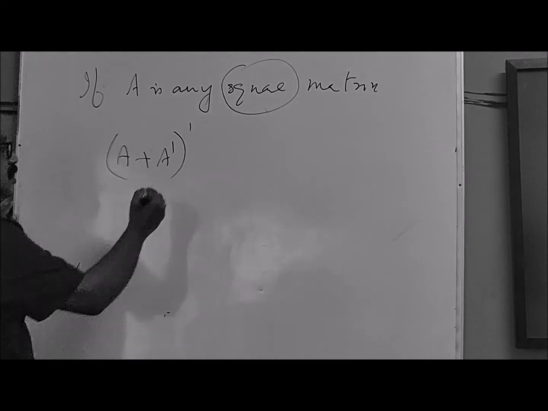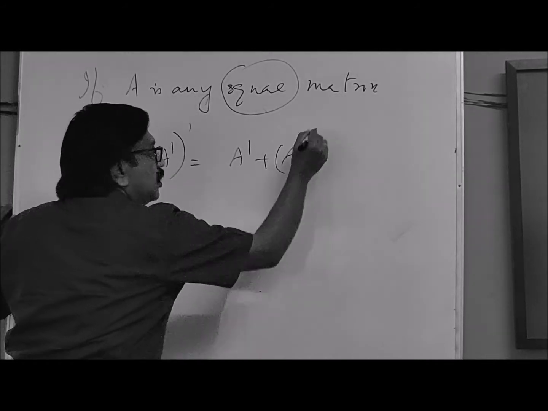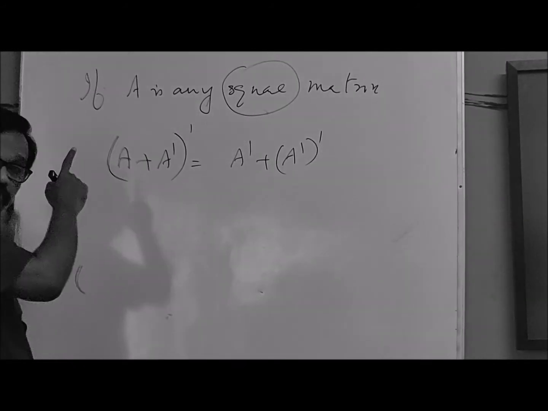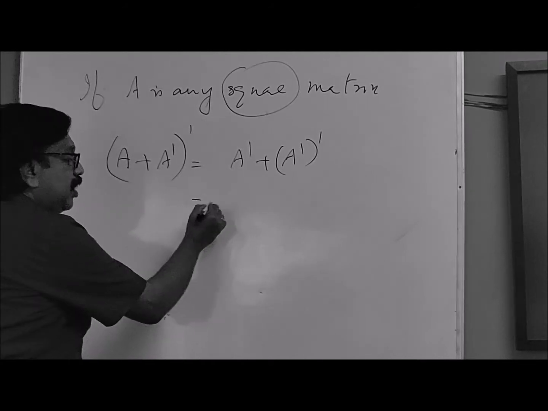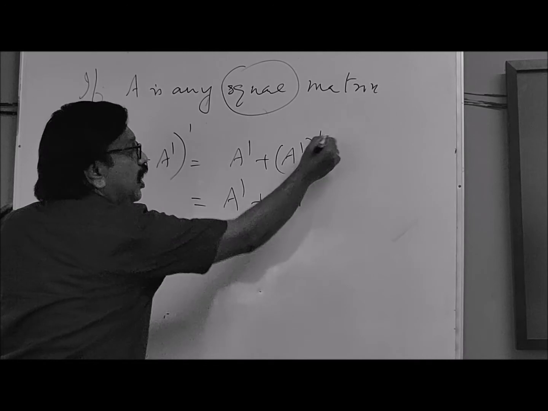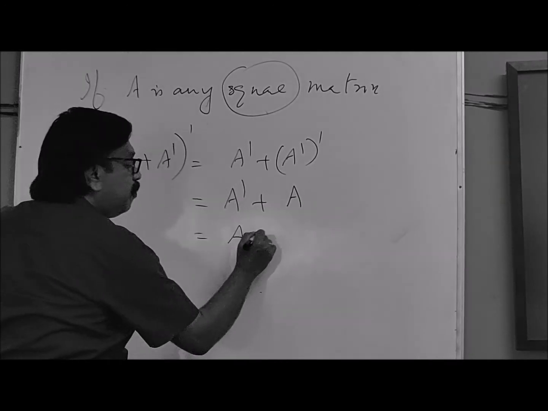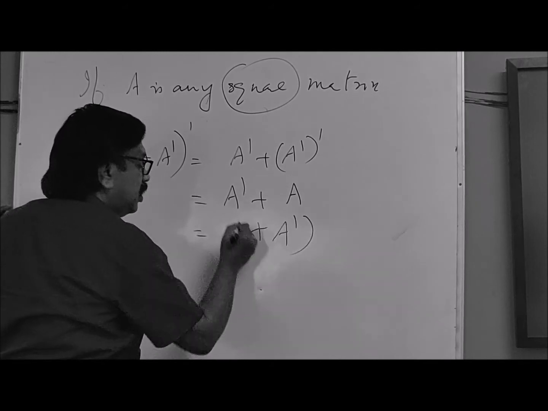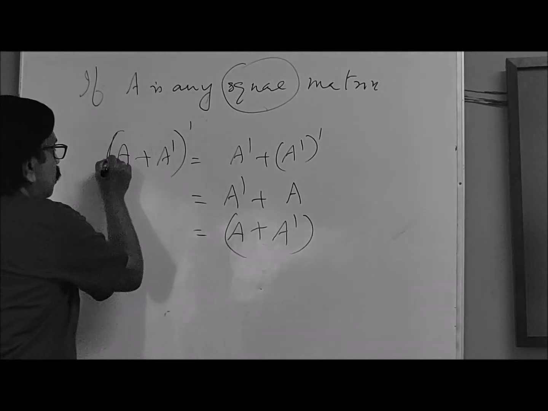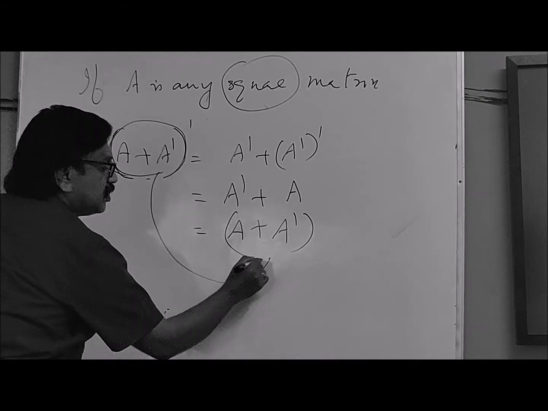It is A transpose plus A transpose transpose, and A dash dash is A only. Then by the commutative property, we get A plus A dash. Therefore, the transpose of this matrix is the same matrix.